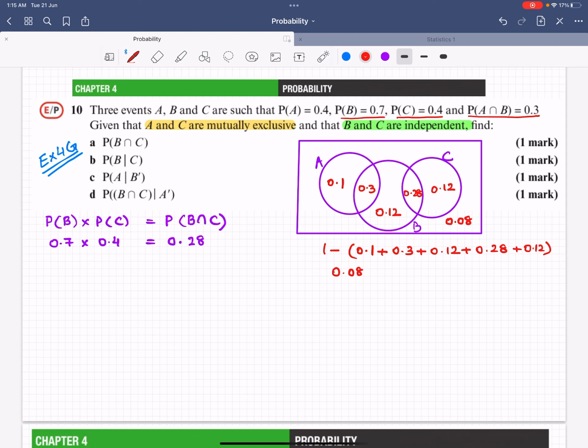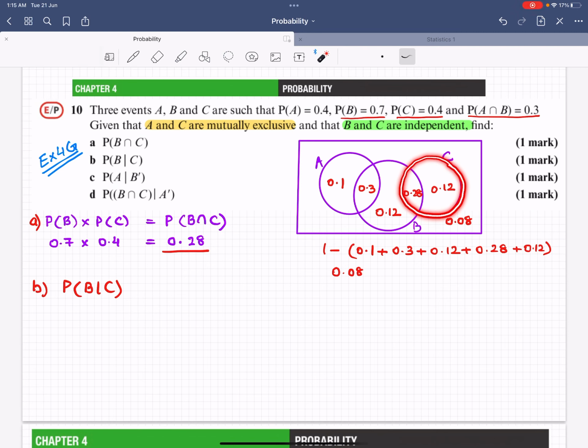Now, the first part was to answer probability of B intersection C, which we have already answered here. B intersection C is 0.28. Second part, part B, is the probability of B given that C. Probability of B given that C means we need to look at only the circle C. So that's our total.